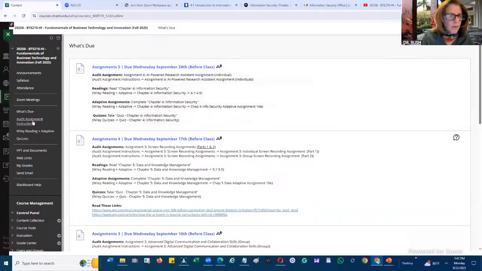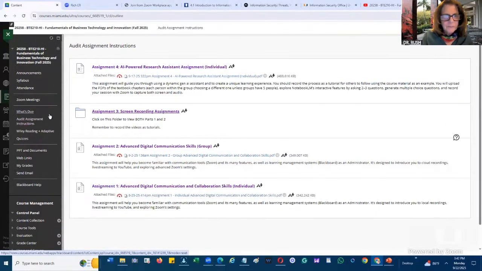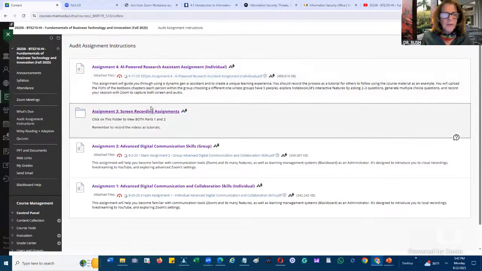And we know that our audit assignment instructions are right here, where the assignment will guide you through a dynamic Gen AI assistant and create, in this case, a unique learning experience. It's a way really where I see a lot of people using it for studying, even summarizing.